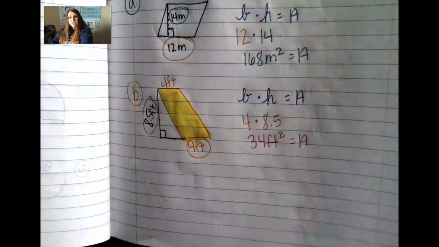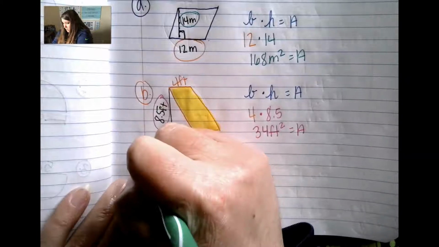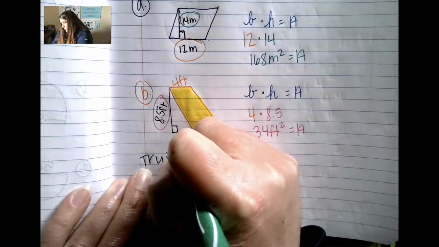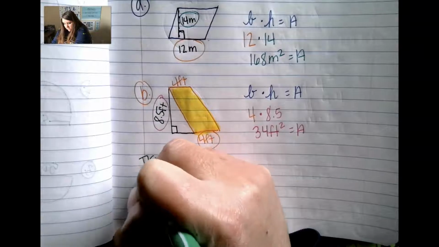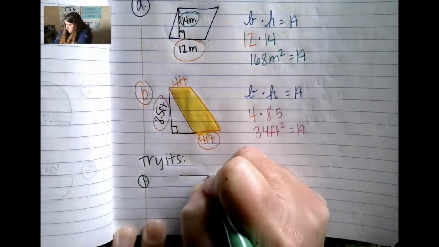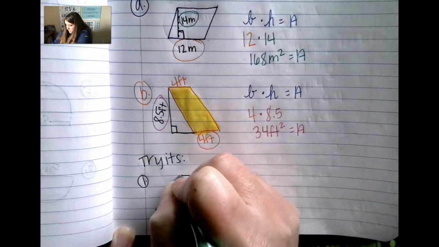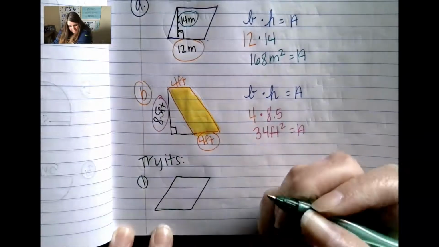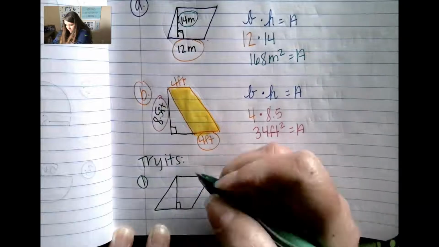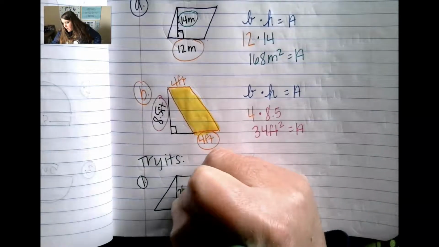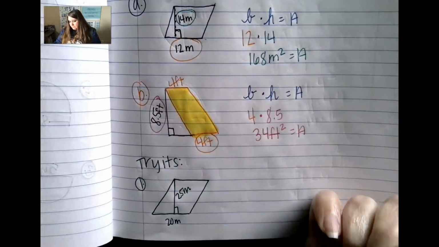All right, it is your turn now to do some trials. I want you to do some trials real quick before we head into triangles. Your first trial is a parallelogram that is shifted this direction. It has a right angle height of 25 meters and 20 meters on the bottom.